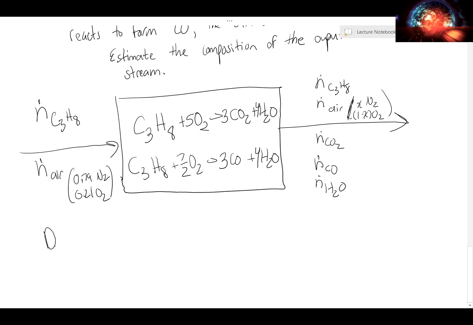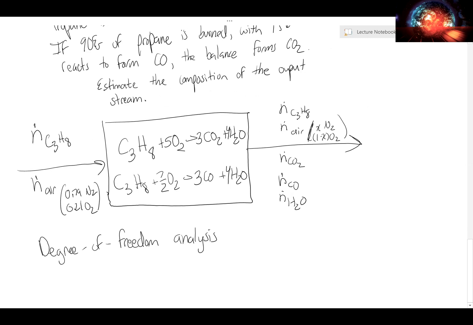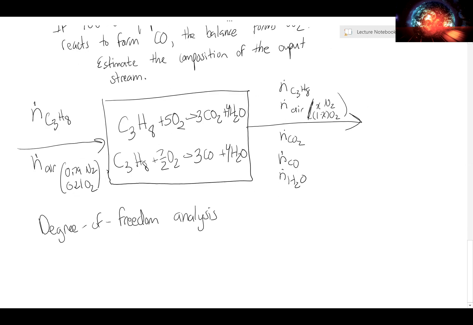If we were going to do a degree of freedom analysis, how many unknowns do we have?